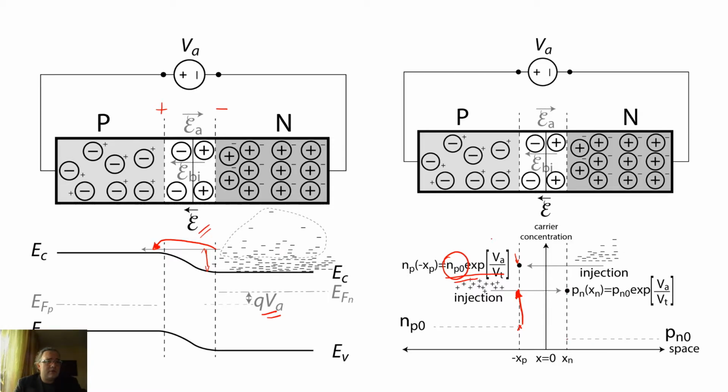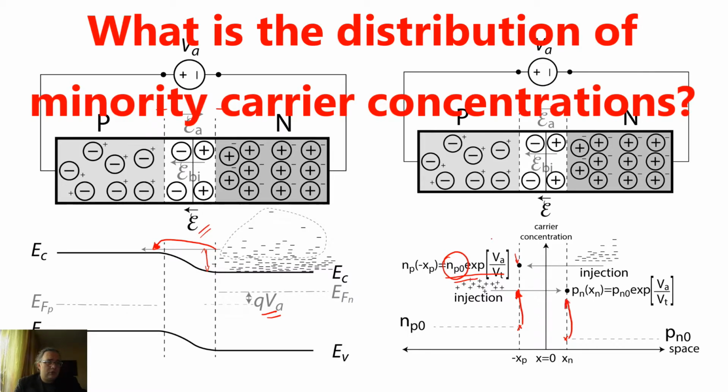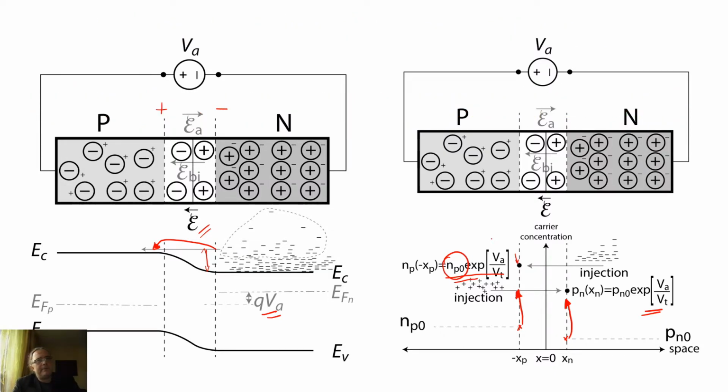Their concentration jumped from their normal thermal equilibrium concentrations. They jumped at the edge of the space charge exponentially with the same function, exponent of VA divided by VT. So now the question is, what will happen with these high concentrations?